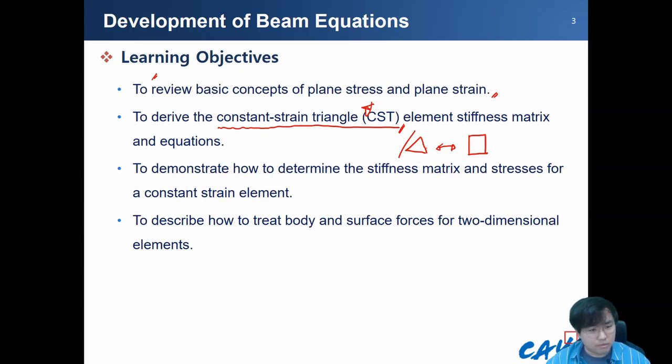So depending on our course schedule, I may skip the details. Today we are going to define the stiffness matrices in two-dimensional space. After defining the stiffness matrix equation, we apply our discretized equation to the triangle element system.